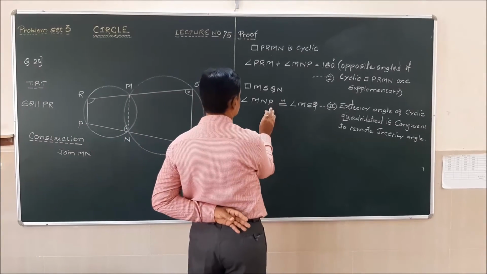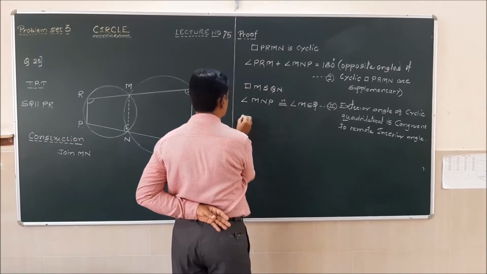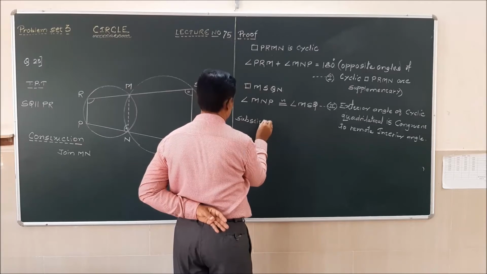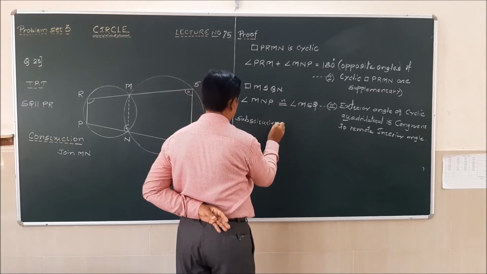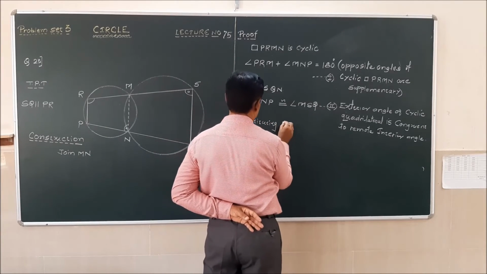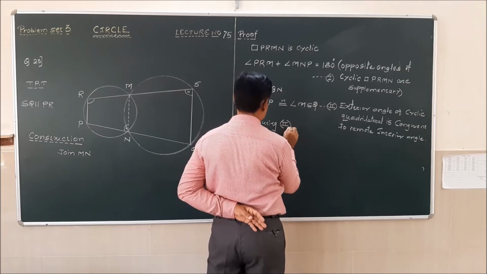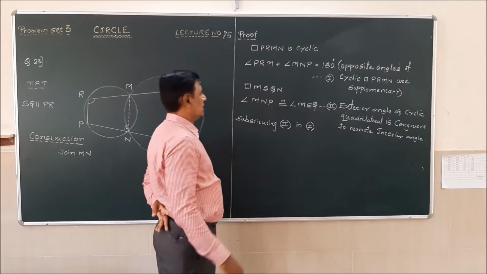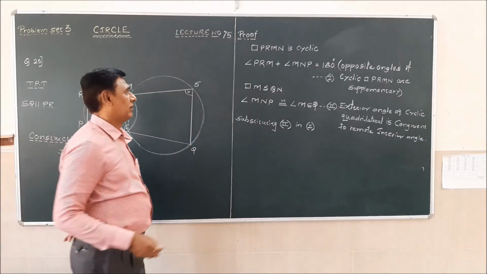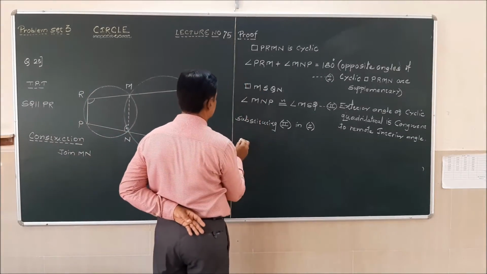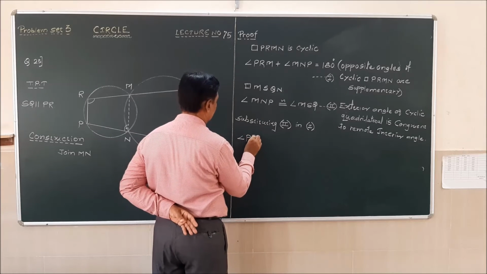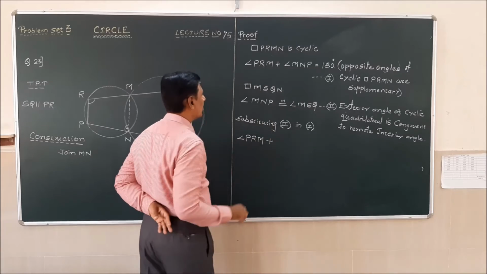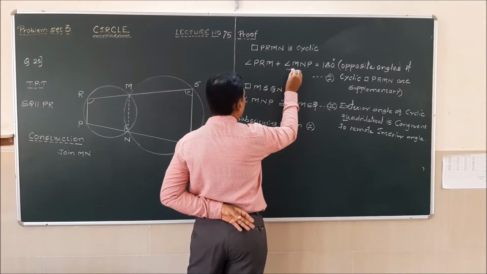Now I am going to substitute 2 in 1. Substituting 2 in 1, angle PRM stays as it is, plus angle MNP.